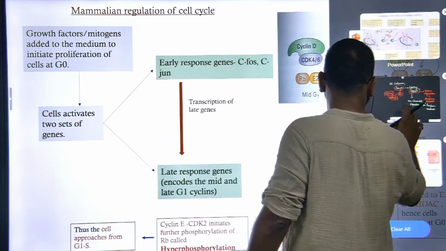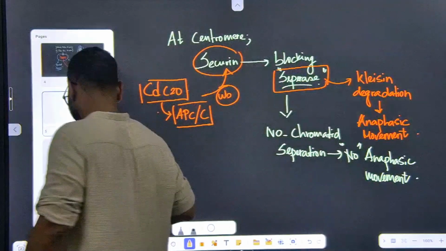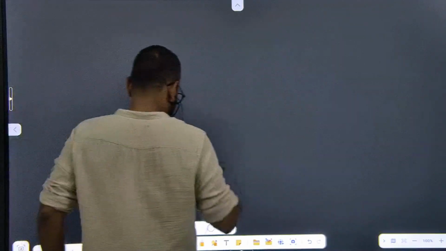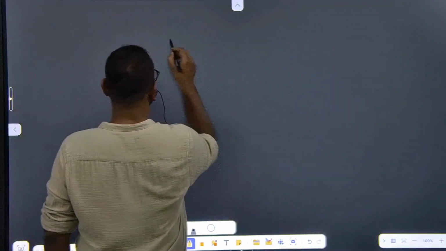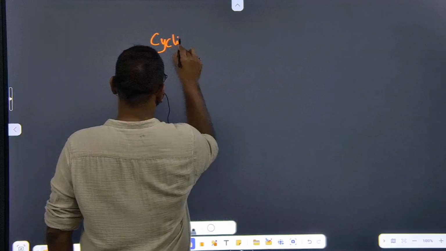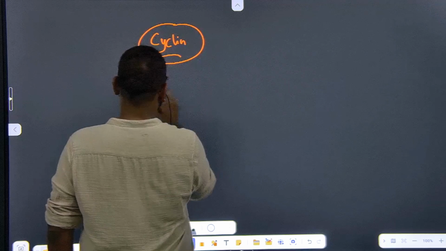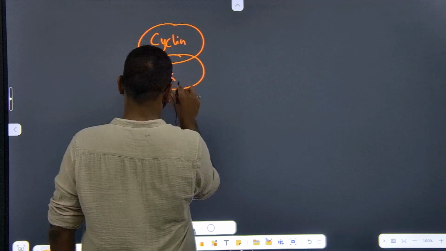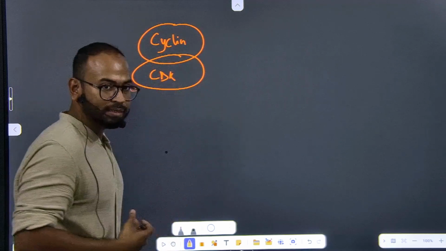Before going into it, let's deduce something. We have our cyclins and we have our CDKs. We have our respective cyclins and CDKs.